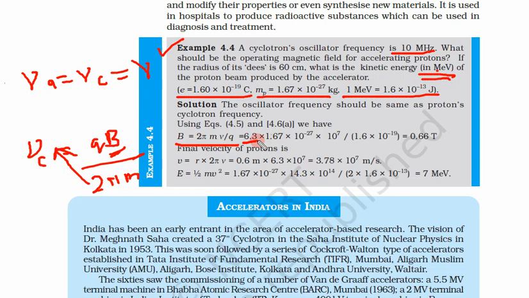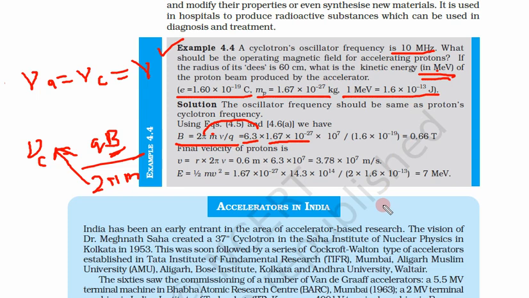So 2 pi is 6.3. That we know, 2 pi is 6.3. Pi is 3.14, and 2 multiplied by 3.14 is 6.28. Mass of proton is given here, 1.67 into 10 to power minus 27.